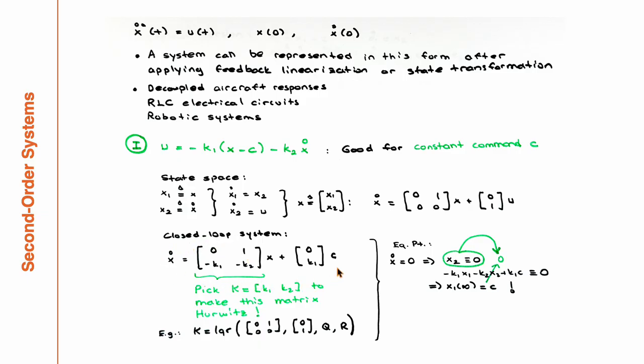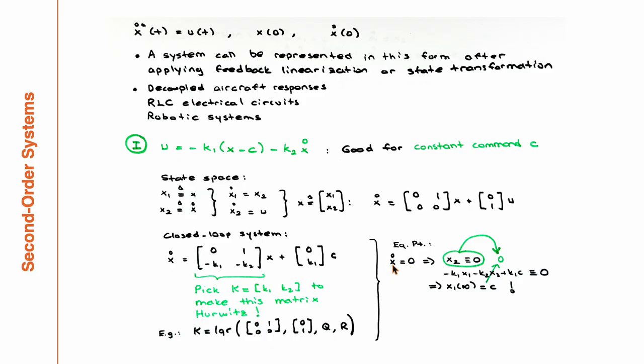If you have a system like this, if C is constant, C is now acting like an input to your closed loop system, and if this is Hurwitz, meaning that the eigenvalues of that system lie on the left half plane, and C is constant, then the states x1 and x2 will converge to their equilibrium points. That's a fact. Once again, if you have a system like this, not necessarily second order, any linear system looking like x dot equals Ax plus Bc, and C is constant, if this is Hurwitz, the system will converge to its equilibrium points.